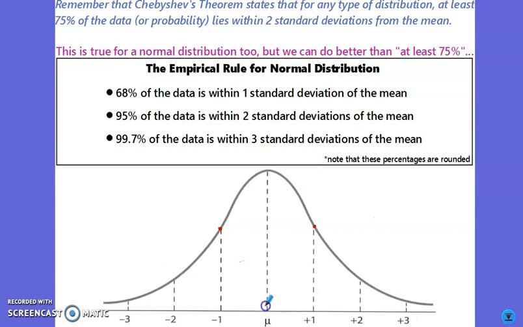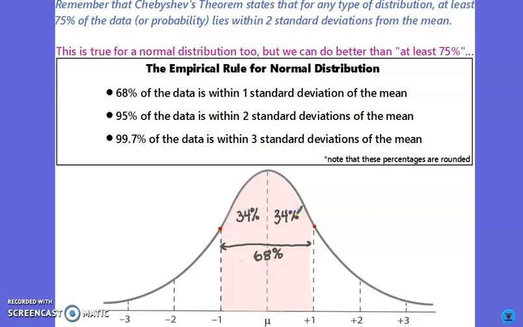If I go down from the mean or up from the mean by 1 standard deviation, I can expect 68% probability between those two values. So we should label that. Between here and here would be 68%. And that's split evenly, so you could put down 34 for this piece and 34 for this piece.